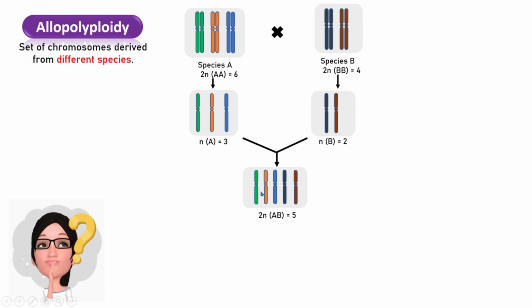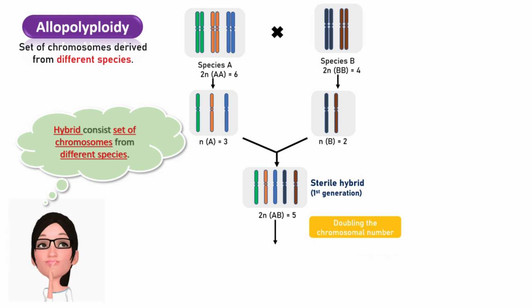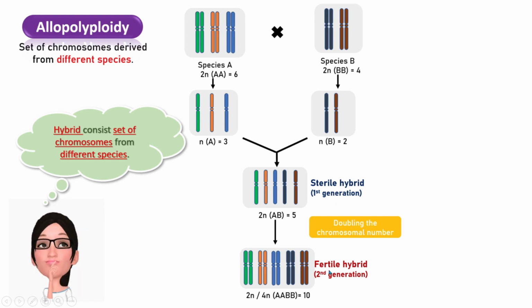This set of chromosomes came from species A, while this set of chromosomes came from species B. This is a sterile hybrid, which is the first generation. The hybrid consists of sets of chromosomes from different species. By doubling the chromosomal number, the sterile hybrid will be changed into a fertile hybrid, which is the second generation.